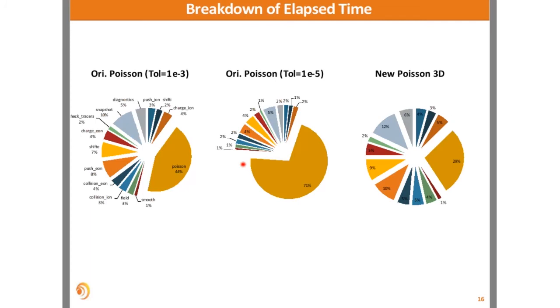This is usually shown in this pie graph. For the original solvers, depending on the accuracy of the field solver, high accuracy shows a very dominant elapsed time in the Poisson routines. But with the new Poisson routine, we have a better balanced pie chart, but still Poisson is the bottleneck for our code.